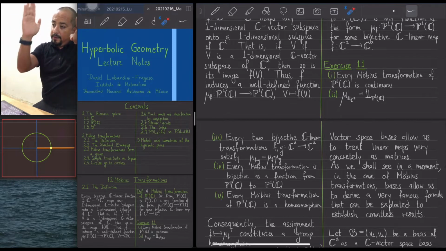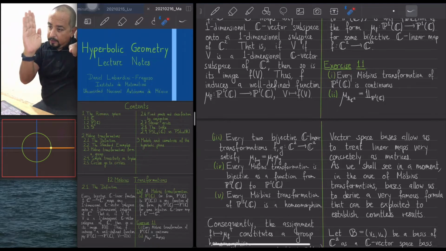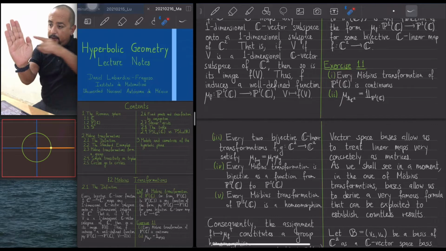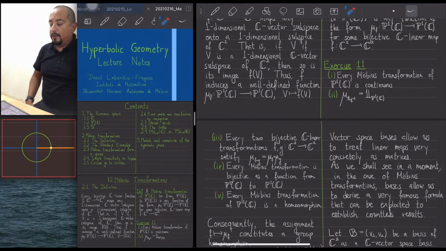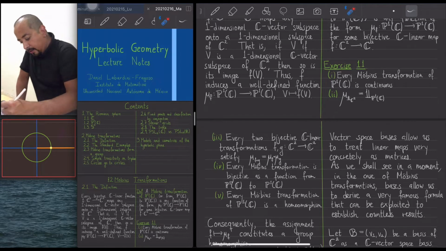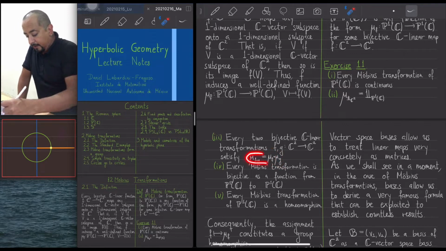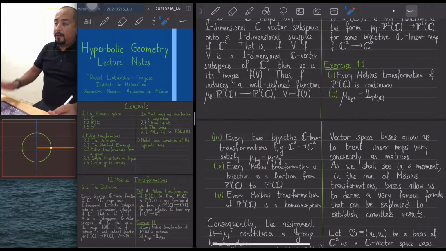Well, it is the image of the image under G of that subspace under F. So the image of that one-dimensional vector subspace under the composition coincides with the image under F of the image under G. So we have this equality. That's very easy to see. It practically comes down to the definition of composition of functions.